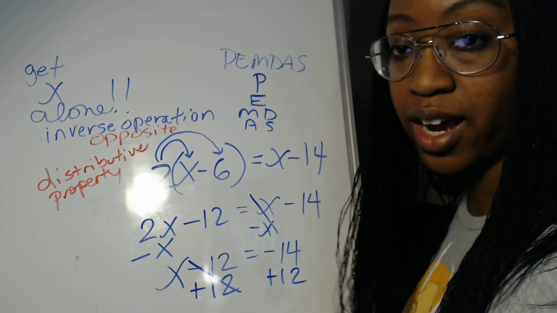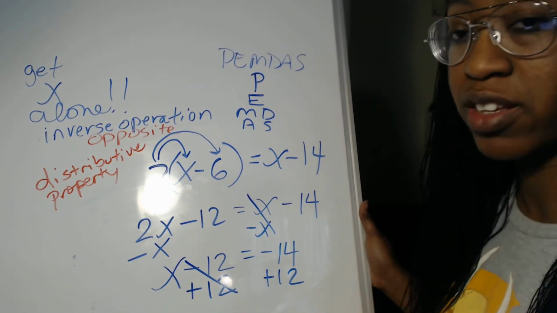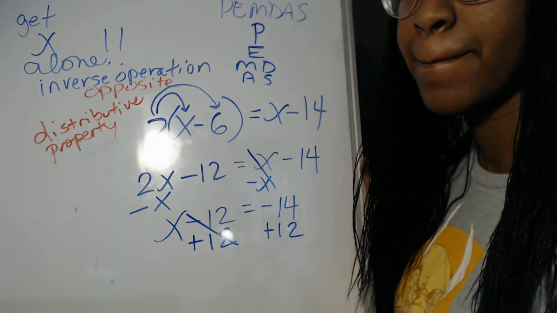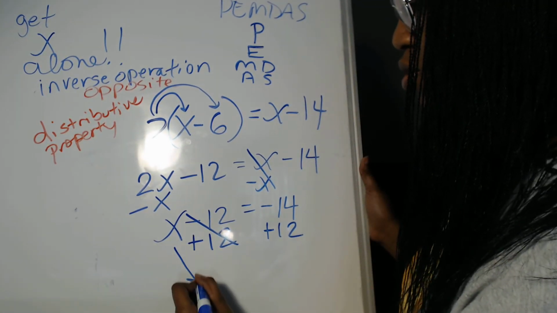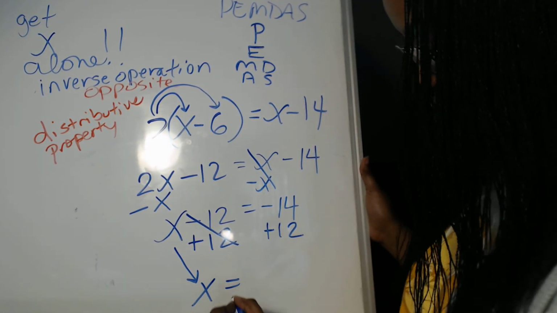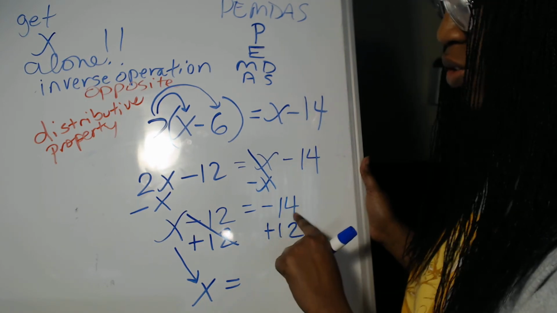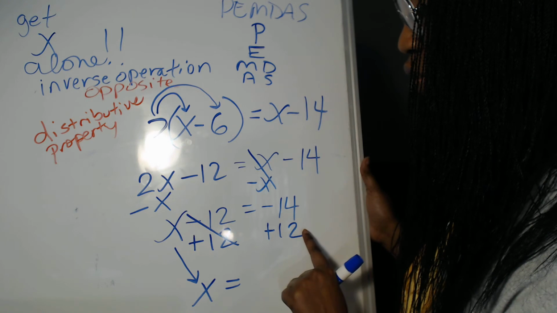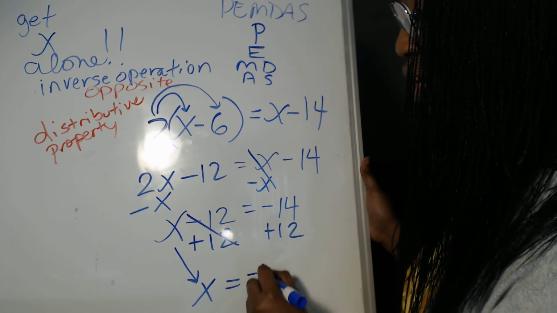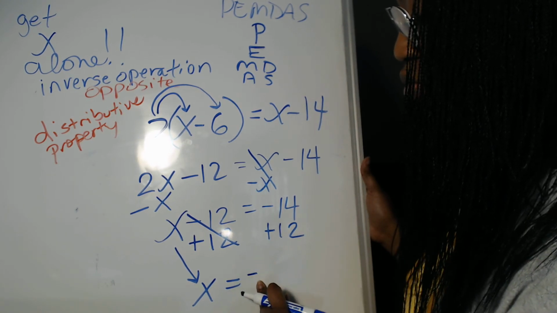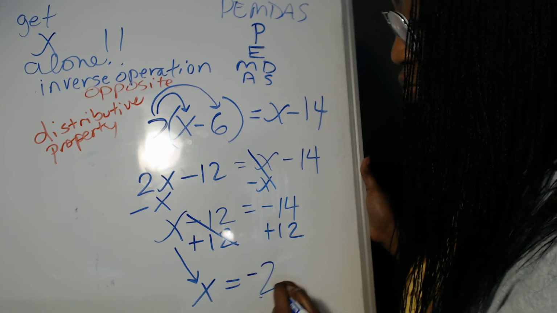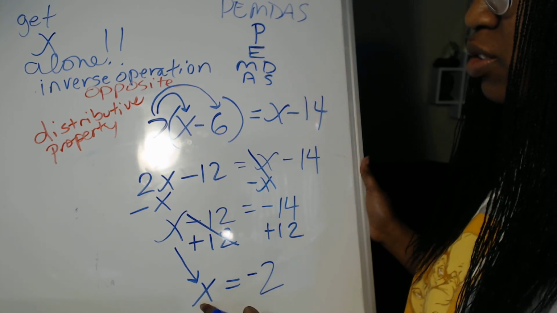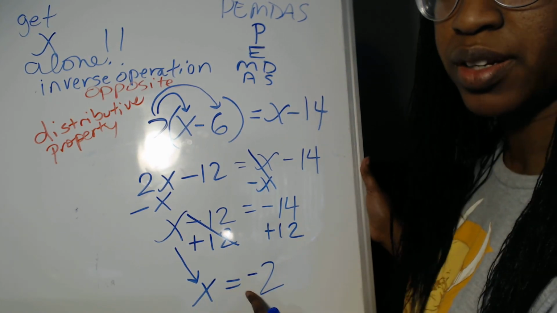That cancels that out. x is finally alone on this side. x equals, well, what is a negative 14 plus a 12? That gives us negative 2. All right? So x equals negative 2.